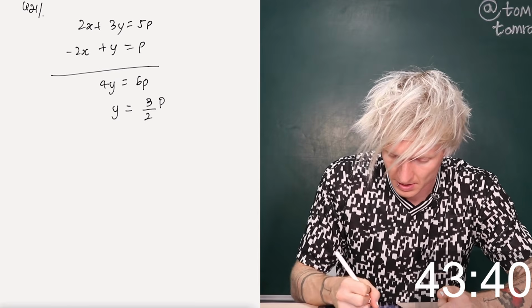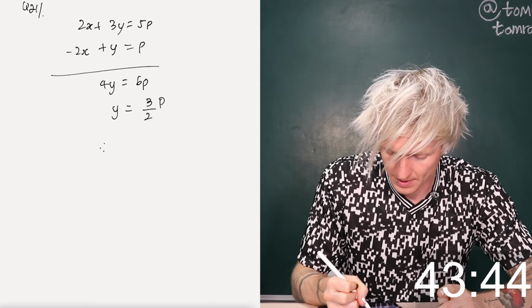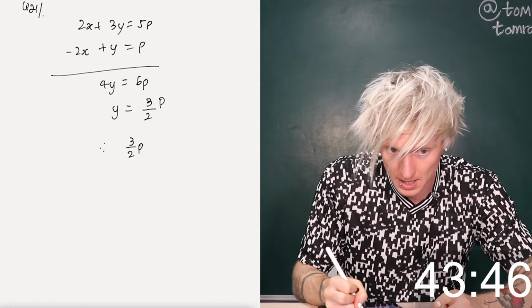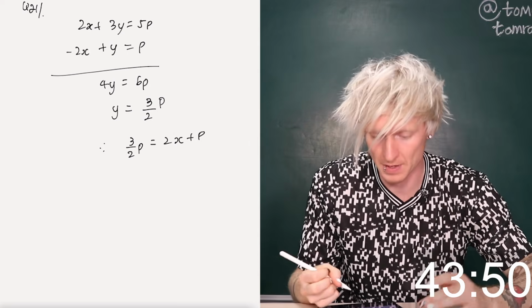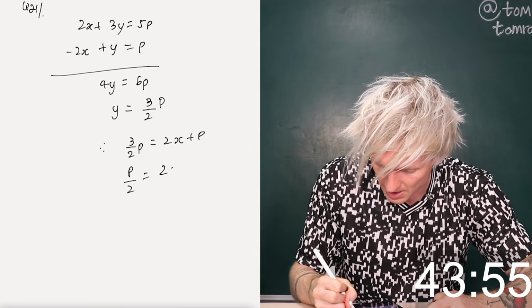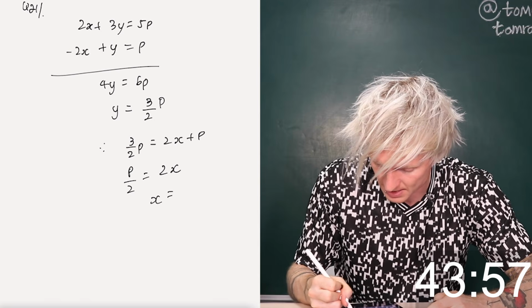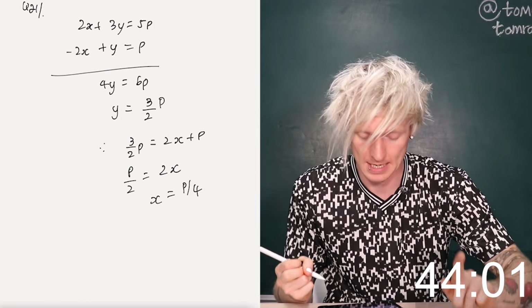And therefore we can say 3 over 2p equals 2x plus p. Minus p from both sides says that p over 2 equals 2x. So x is therefore p over 4. Right, and let's just check that makes sense in the other one.